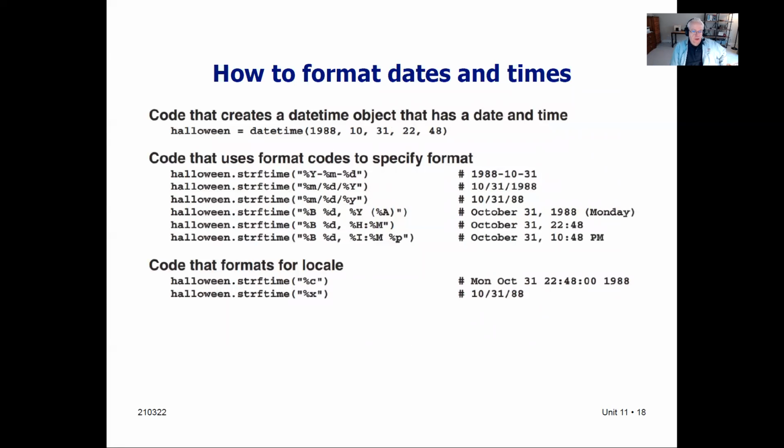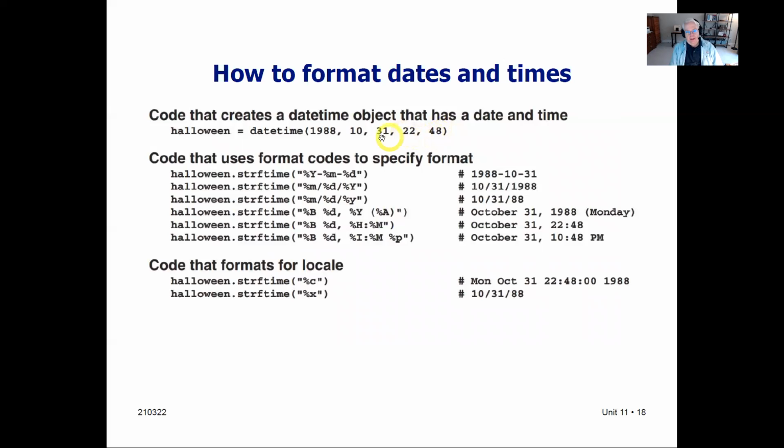Okay, so some more examples of this. Back to Halloween. And notice in our datetime object that we're creating here, this is a constructor. We are going years, months, days, hours, minutes.